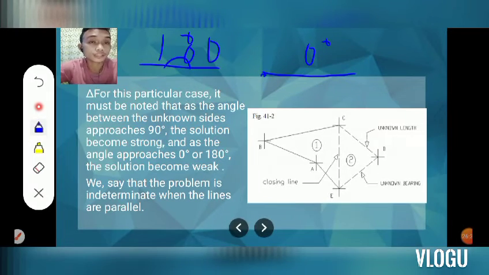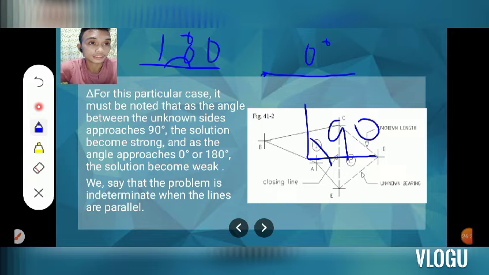Again, 90 degrees is perpendicular. So we can see that our solution is strong when the angle is 90 degrees. When the angle approaches 90 degrees, your solution is very strong.